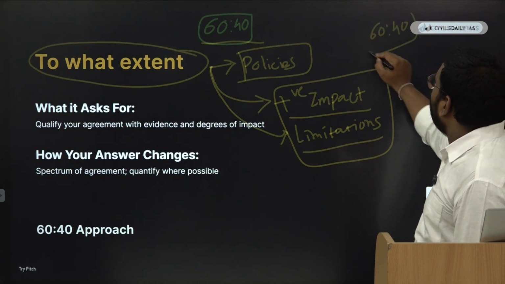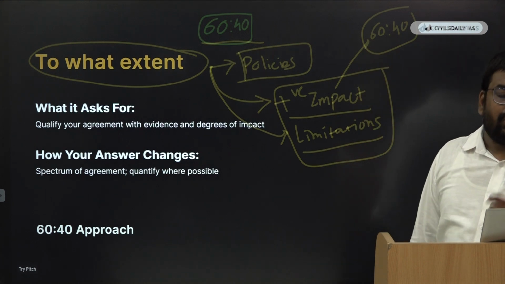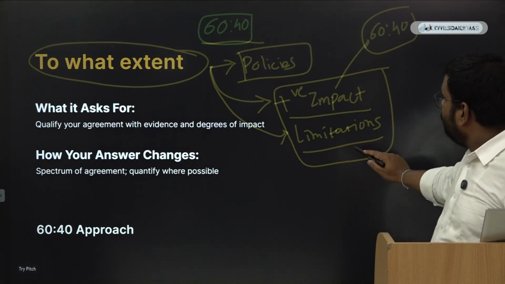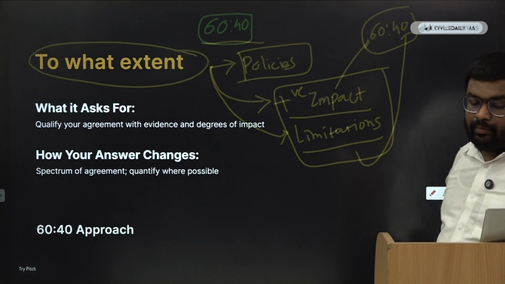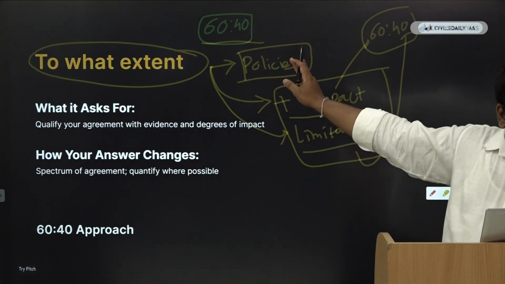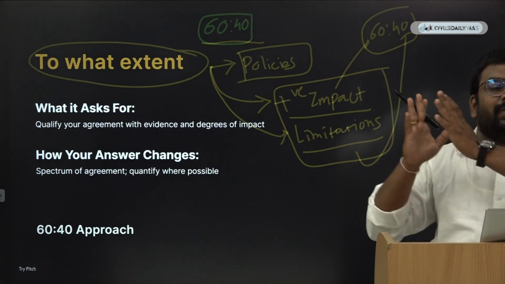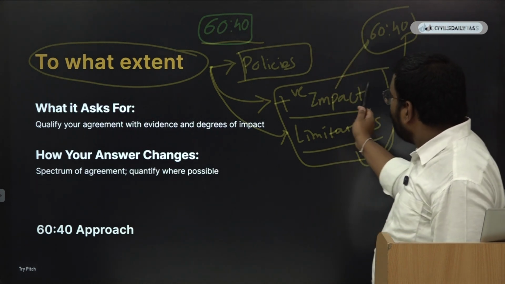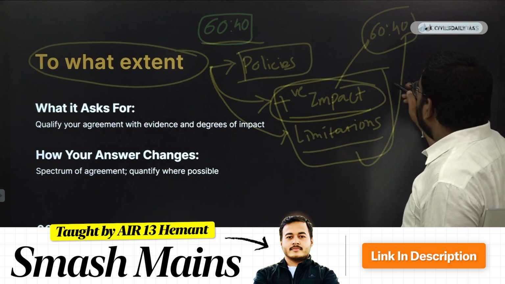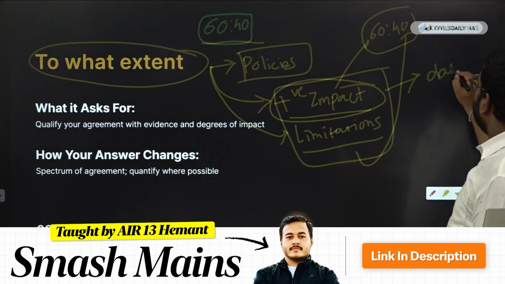So just say if you talk about MGNREGA, 60% of the MGNREGA has positive impact. So more points you will talk about on positive, and 40% you will talk about limitations. Again, don't be too rigid, but just make sure to what extent you are highlighting both positive impact and negative impact. And when you talk about the positive impact, here your points need to be substantiated with specific data.